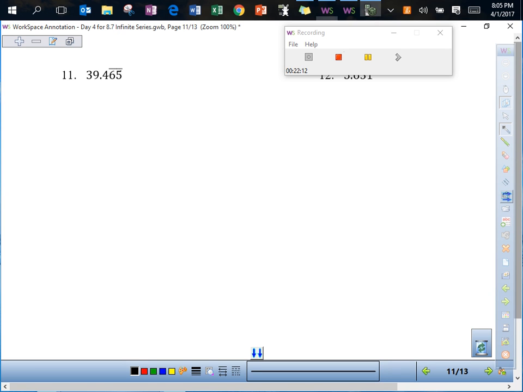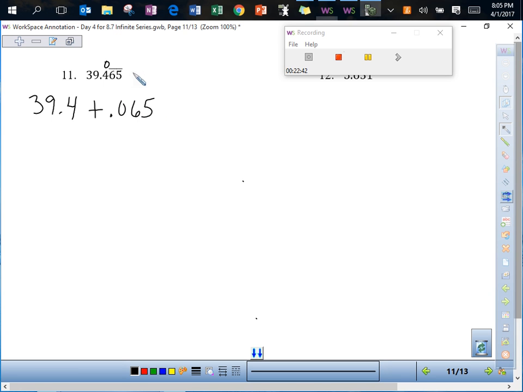So here goes. Write down the part that does not repeat. So I'm going to have 39.4. There's the part that does not repeat. Now let's add in the rest. To get to this 0.65 here, I need a 0 right there. So this becomes 0.065.